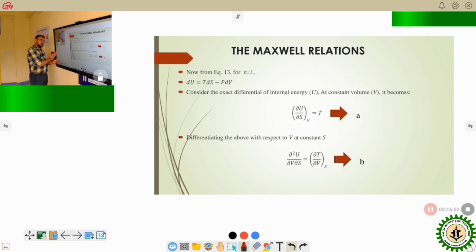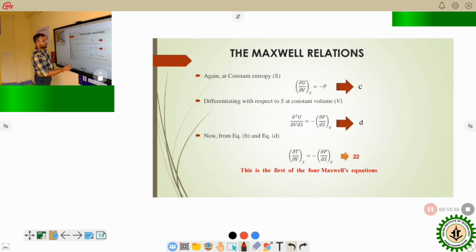If we do the partial differentiation, we get the first Maxwell equation as del T by del V at constant entropy equals minus del P by del S at constant volume. This is the first Maxwell equation identified from the first fundamental property relation.